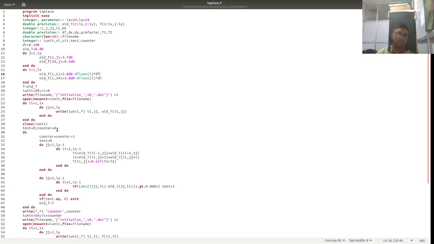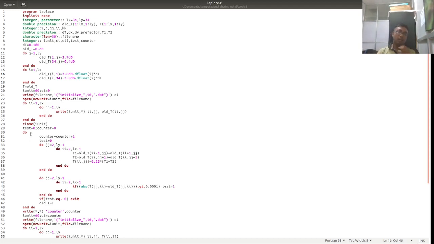Then I am assigning test equals 0 and counter equals 0. Counter is going to count how many iterations we needed for achieving the steady state solution. We have opened a do loop, which is an open do loop. That means it does not have a premeditated condition for stopping.